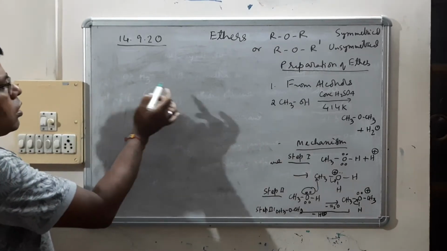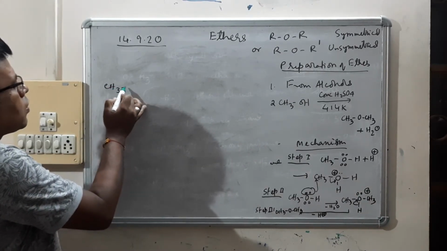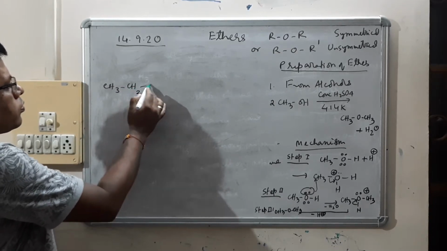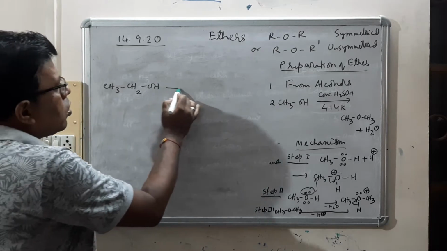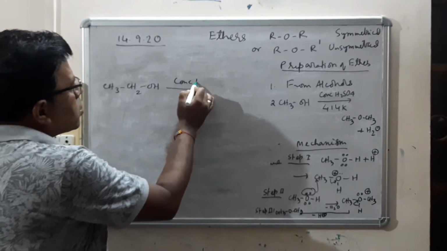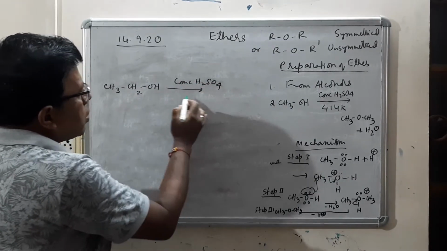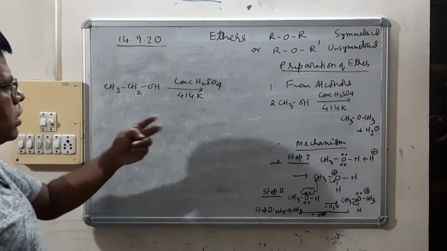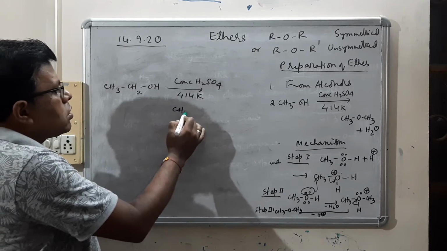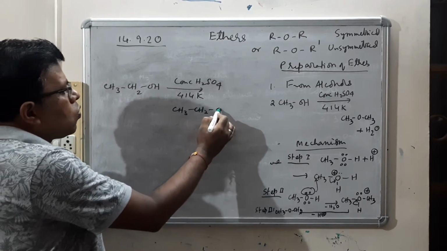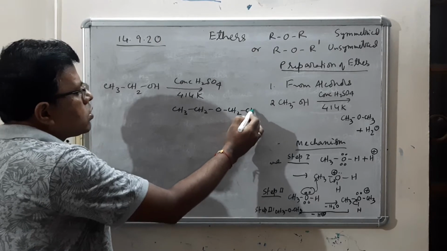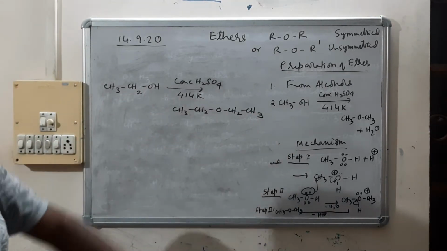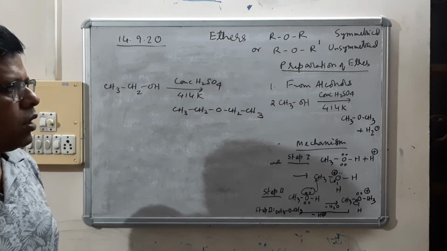So if we have this alcohol with concentrated sulfuric acid at this temperature, we will get this ether, CH3CH2OCH2CH3. So this ether we will get. Now there is a problem. One problem is there with this method.